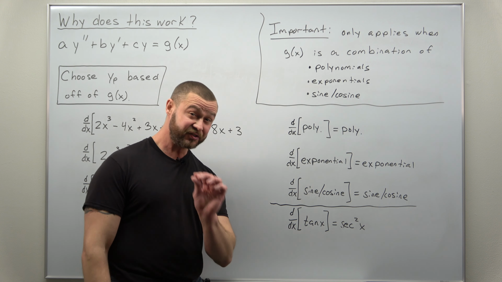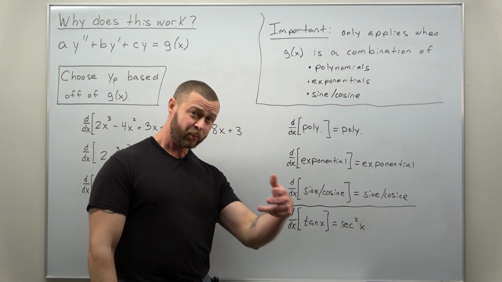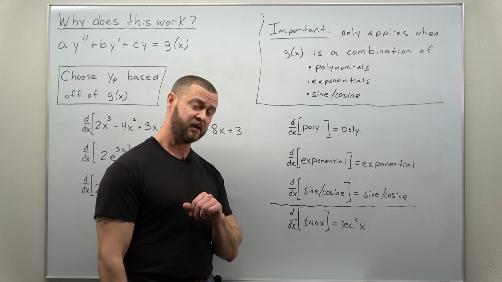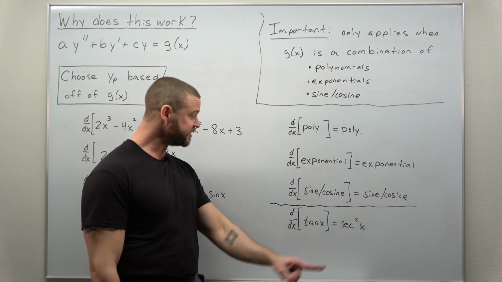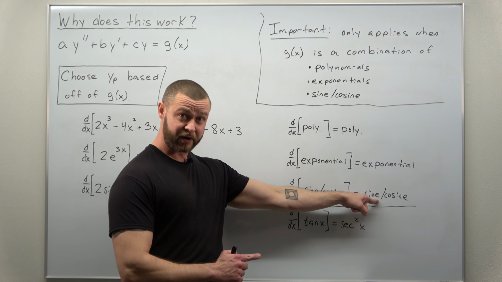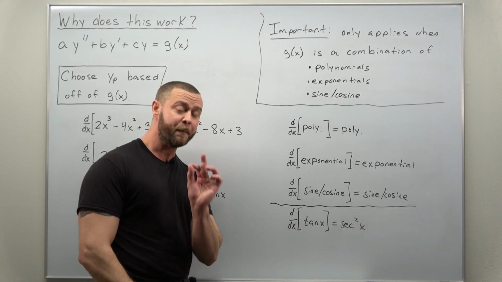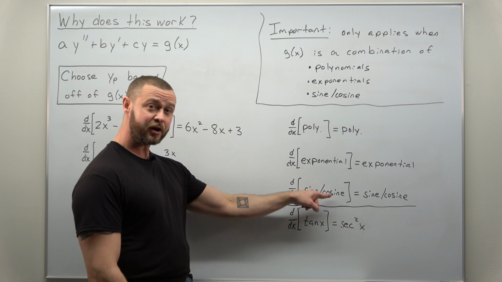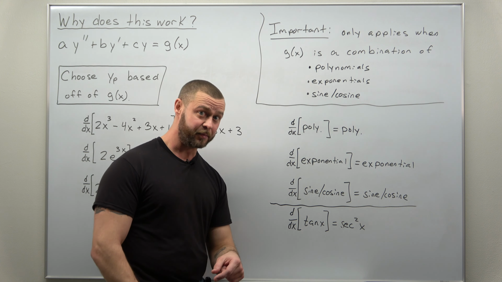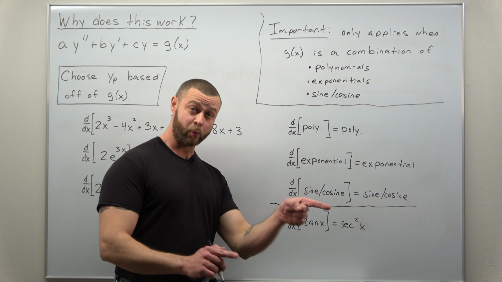Tangent differentiates to a secant squared, which is a more complicated squared trig function. So be careful here. We're not saying the derivative of a trig function is a trig function. That is true, but only sine and cosine differentiate back to the same type, back to a sine or cosine.